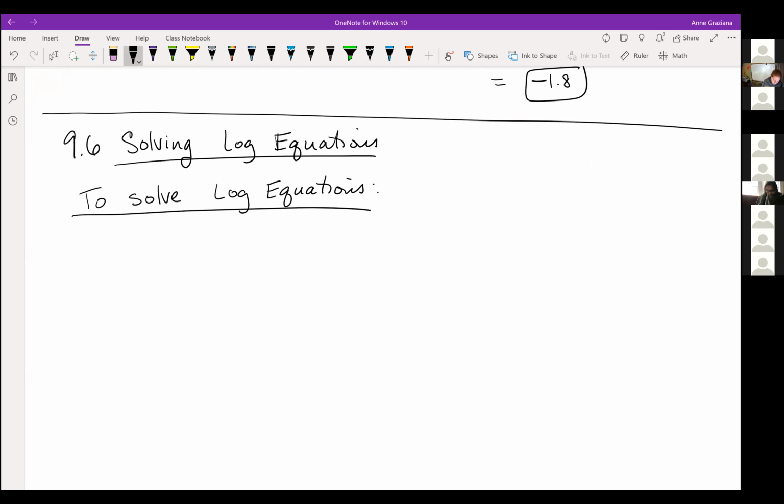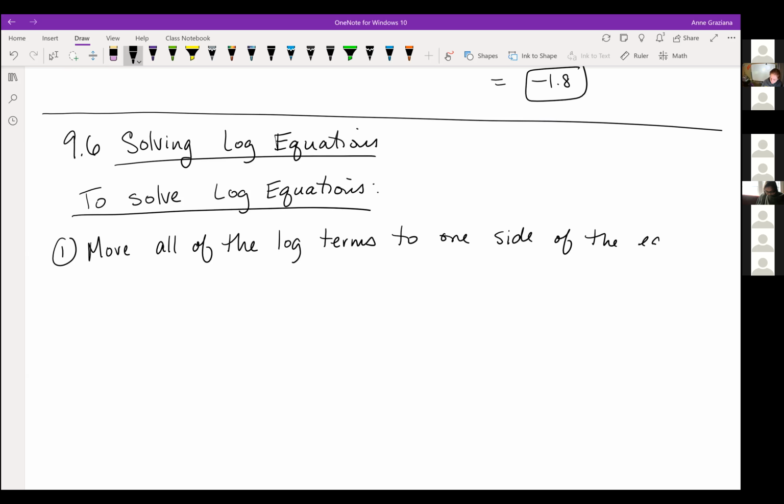Okay, 1, move all of the log terms to one side of the equal sign. Obviously using arithmetic, adding and subtracting, okay. And everything else to the other side.